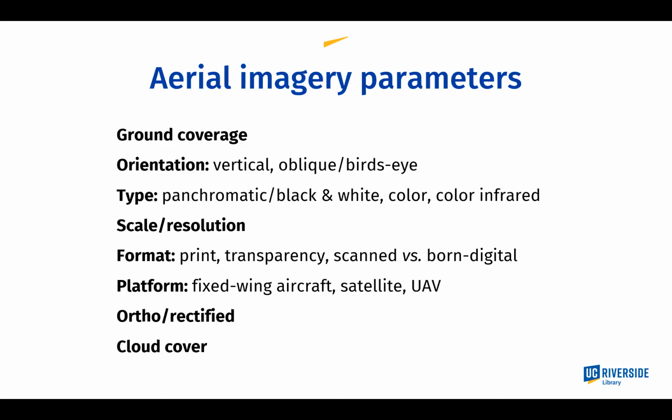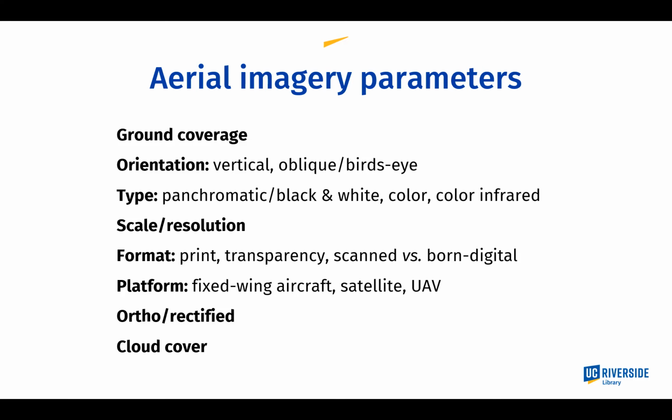And then there's all these different parameters to take a look at as you're hunting for aerial imagery. Of course, you want to know if it covers the area that you have to map. That's super important. Vertical is what you want mostly if this is a possible source that you're going to map from. But sometimes having the oblique or bird's eye view, looking at the ground off to an angle, can be helpful as a secondary source.